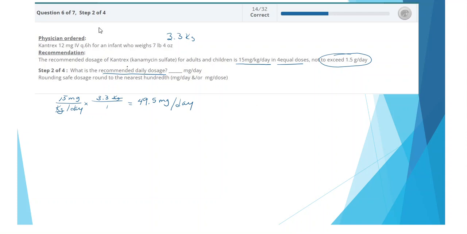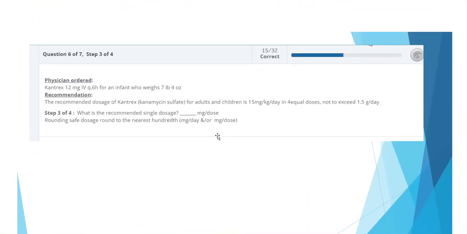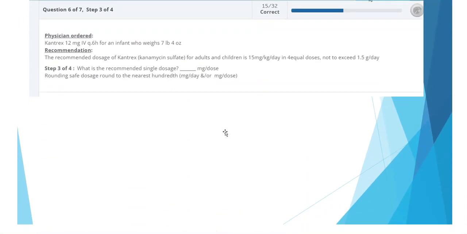Okay, the doctor ordered it, notice it was every 6 hours. That's the same thing as 4 equal doses, right? So this is my maximum per day. Oops. Let's look at the next slide at part 3. What's the recommended single dose? So I'm taking my 49.5 milligrams per day, and I'm going to divide it again by the number of doses per day.